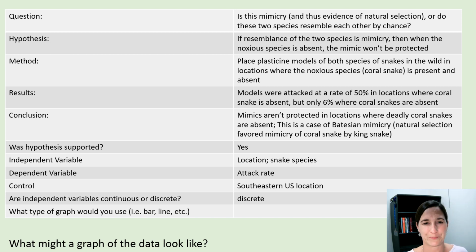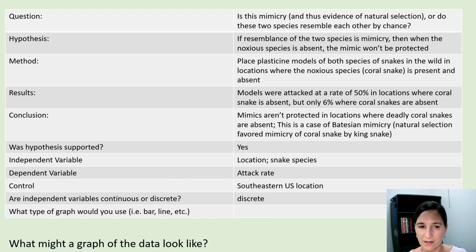Okay, so maybe you got things right, maybe you didn't. The whole point was to go through this exercise and really work through that example to figure out what was the independent variable, what was the dependent variable, was the hypothesis supported, what was the hypothesis, what were their methods. Some of these questions were hard. This should have been maybe a little bit of a challenge for you. So check your answers with these answers and really think about what these answers mean.